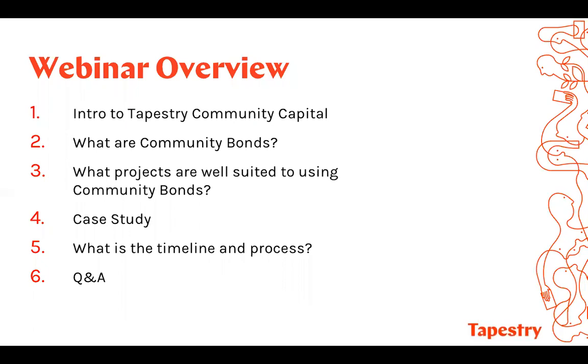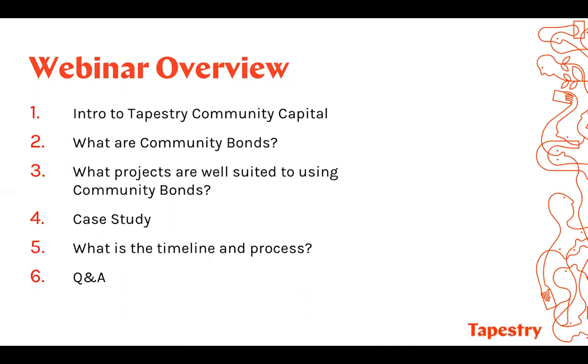So I'll give you a brief rundown of what I'm hoping to cover in the next 30 to 40 minutes. I'll introduce you to Tapestry, a little bit about our history and what we do. Then we'll get to the meat of it. What are community bonds? We'll look at what sorts of projects are really well suited to using community bonds.